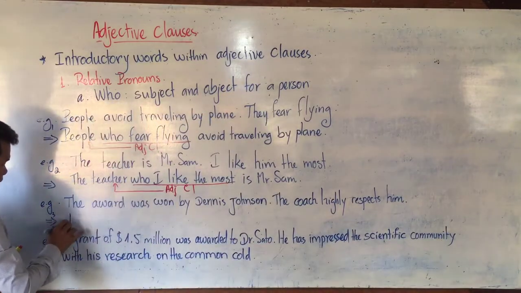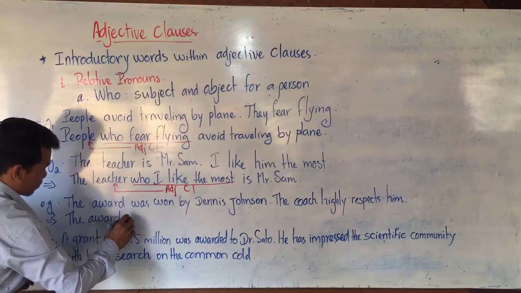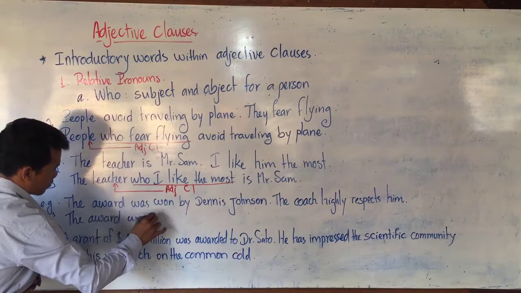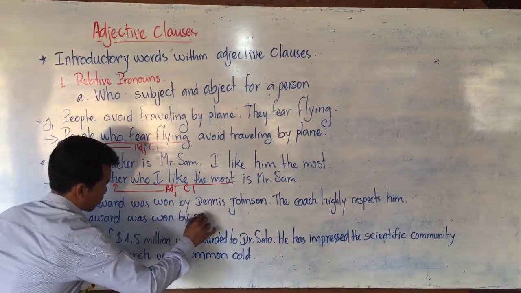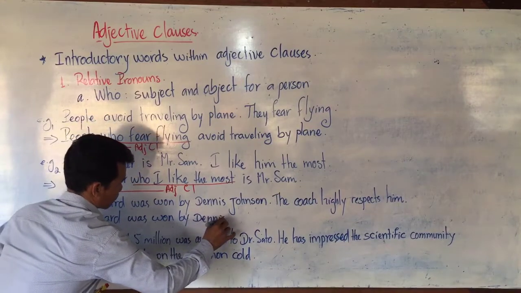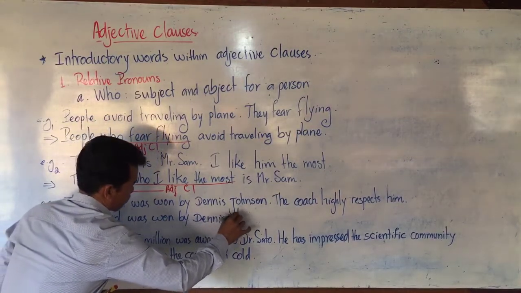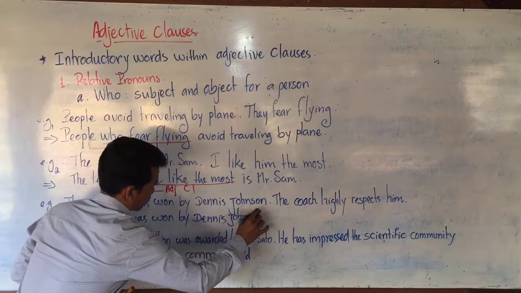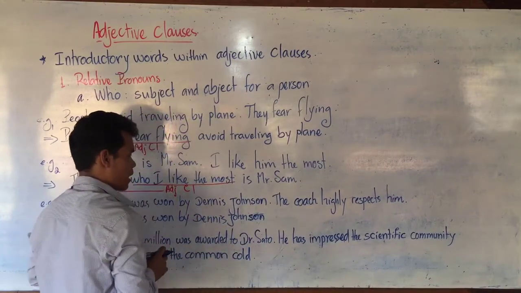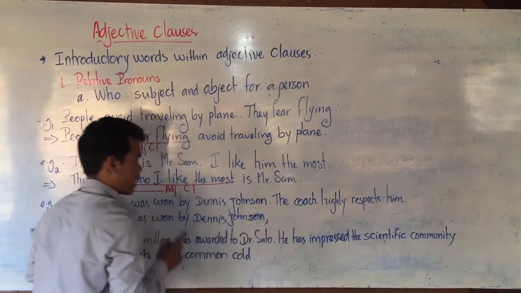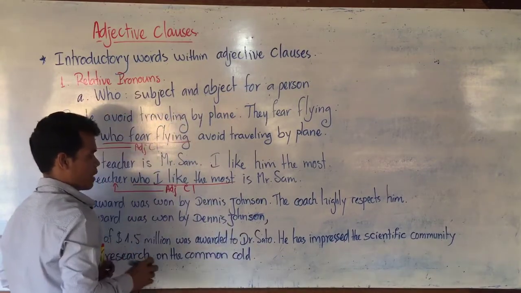So we can write: The award was won by Danny Johnson. Danny Johnson here is a proper noun. That's why we use a comma. It is called a non-defining relative clause.